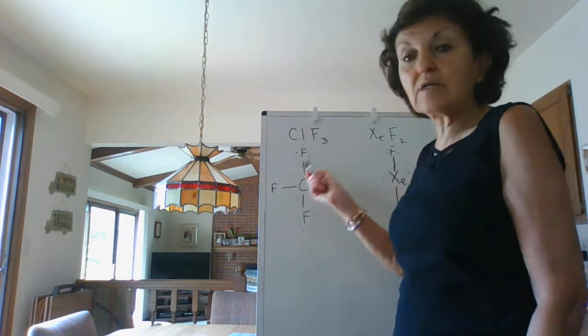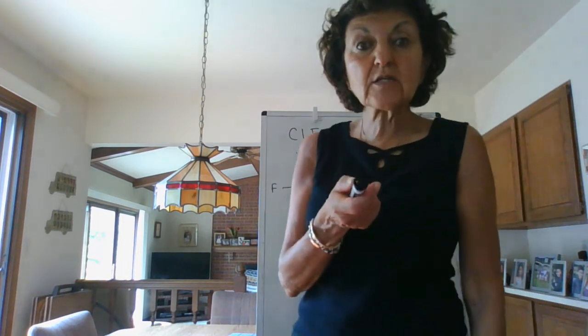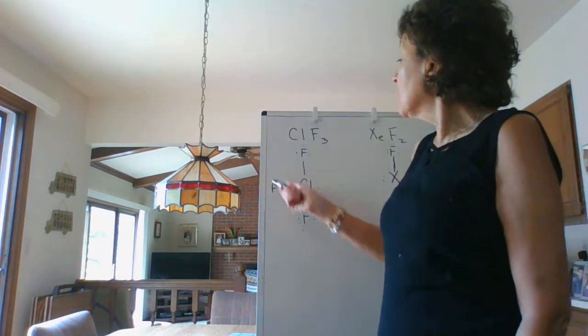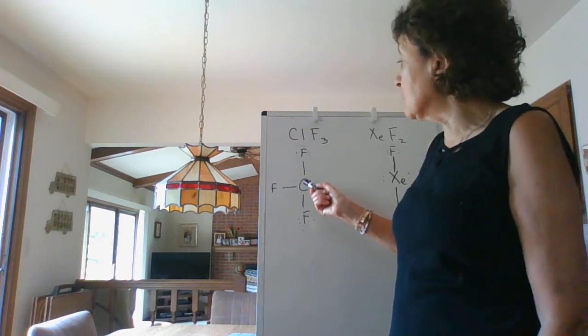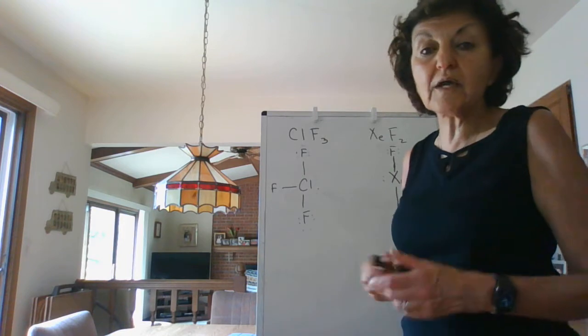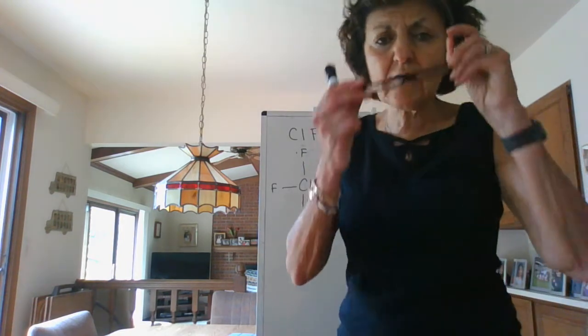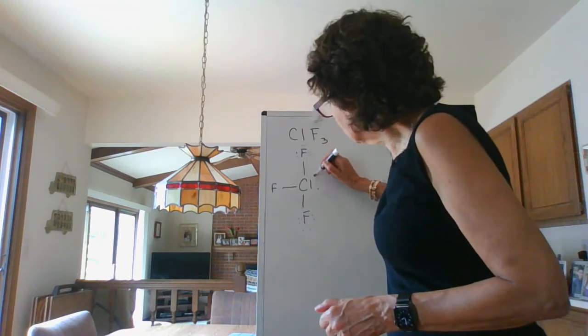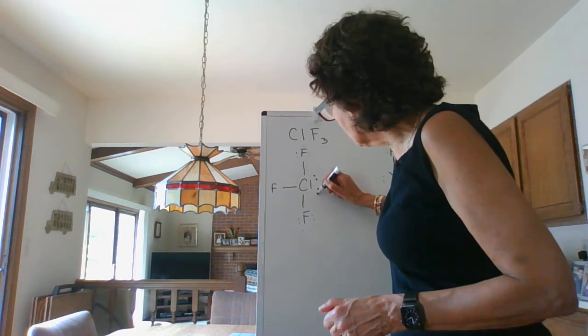And I crunched the numbers already. Go ahead and practice doing that. S is equal to n minus a. You will see that you've got 5 electron dense areas, 1, 2, 3, 4, 5, with 2 lone pairs around the central atom. Hopefully you see the lone pairs.